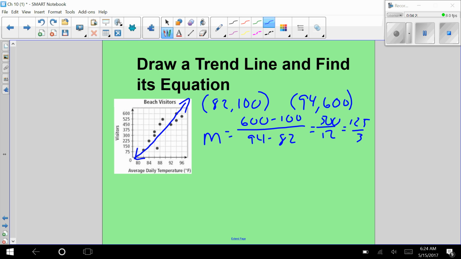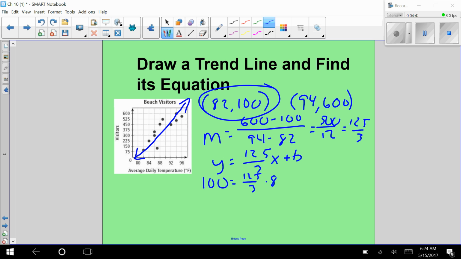Now we need to find our equation. We write y equals our slope times x plus b. Well, we need to use some numbers in there for x and y. I'm going to use my first point here. So y is 100, and x will be 82. When I multiply my 125 over 3 times 82, I get 10,250 over 3.